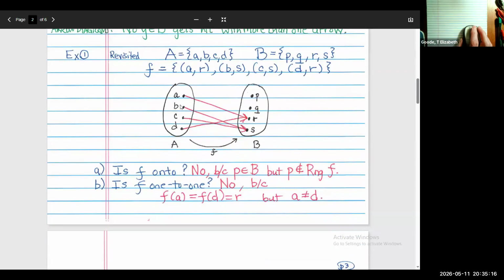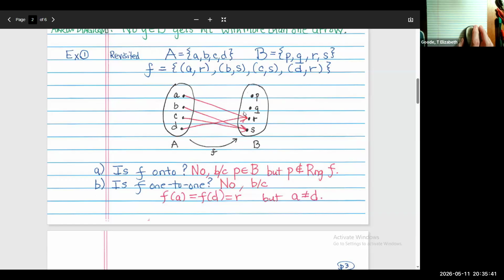Is it one-to-one? No. Why not? So one-to-one, doesn't that mean that every element in the codomain should have an arrow pointed to it?